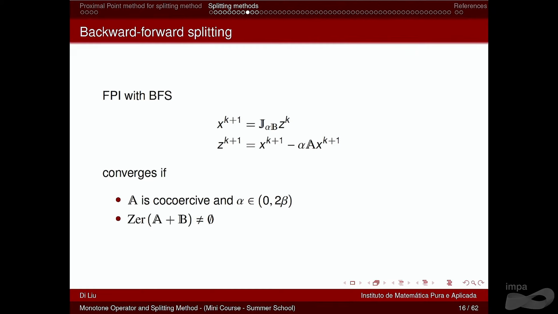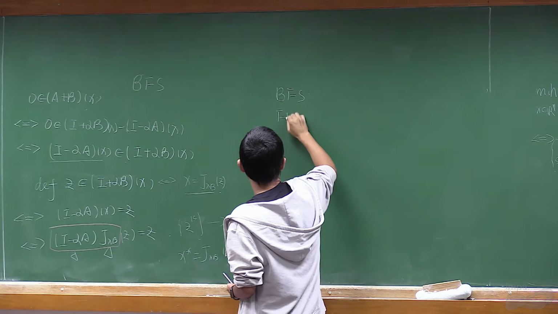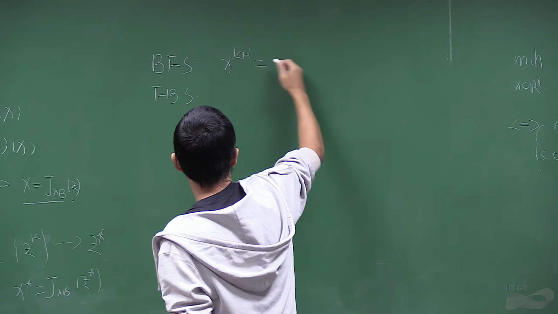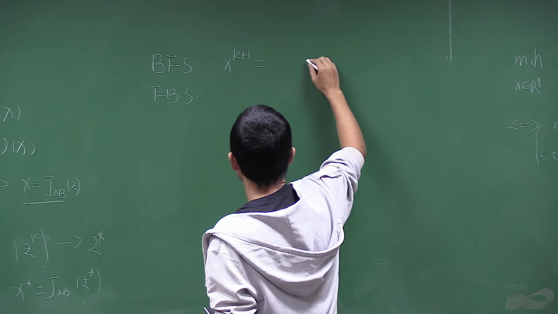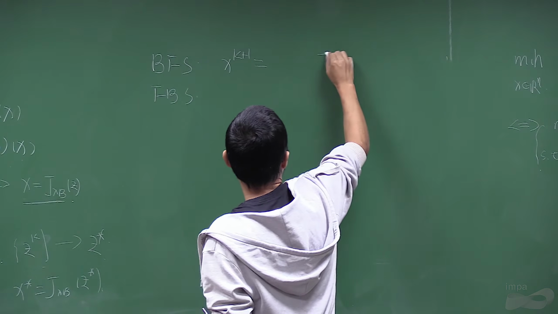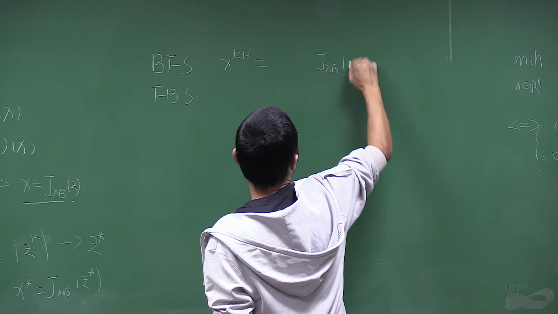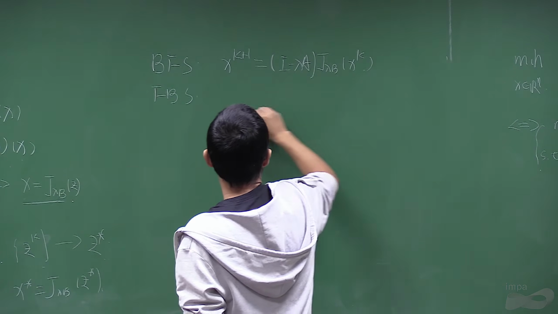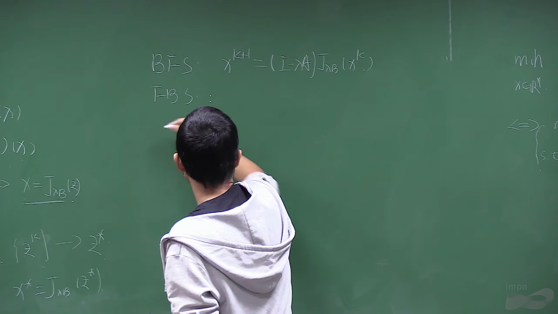This is backward-forward splitting. BFS and FBS: xk plus 1 equals first backward, and first backward forward.